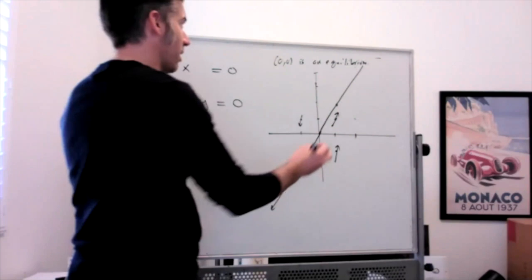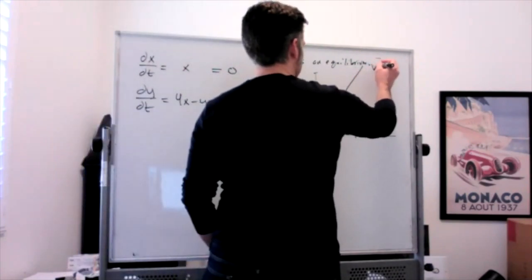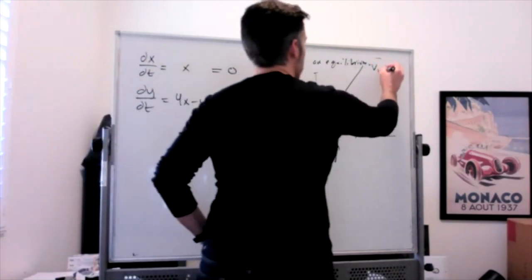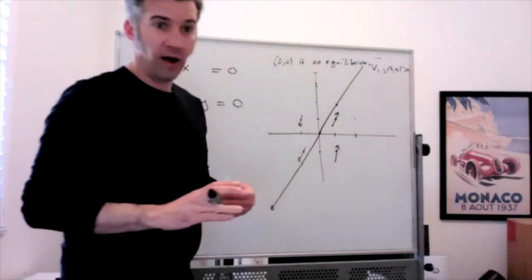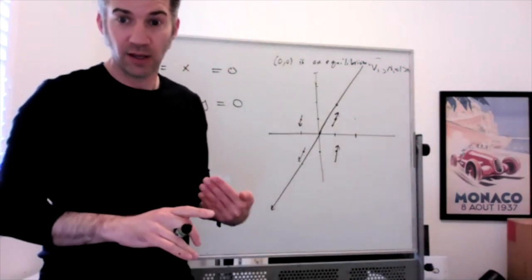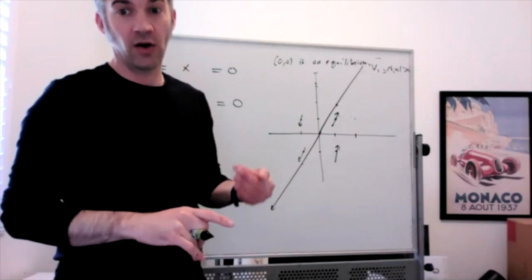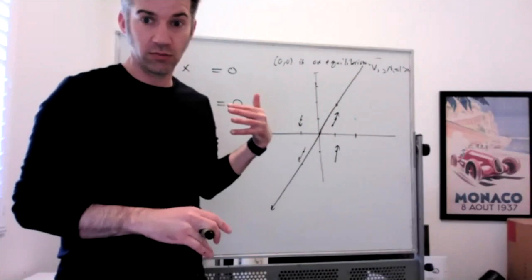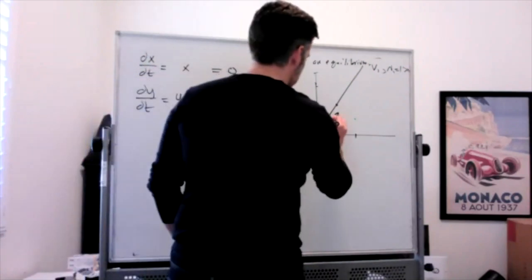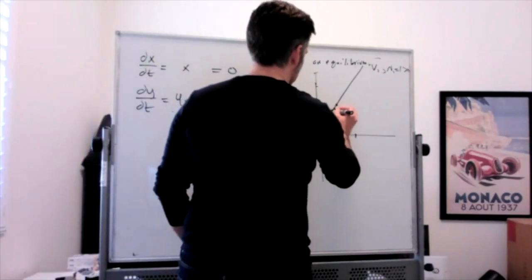For the eigenline for v1, the eigenvalue was 1, which is positive. If your eigenvalue is positive, it means that your arrows point away from the origin. So my arrows are going to point this way.